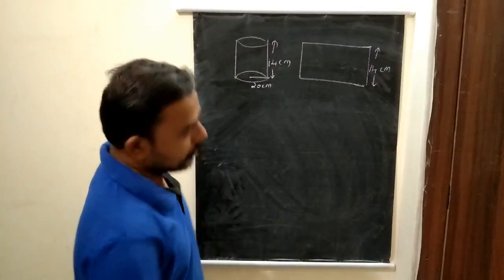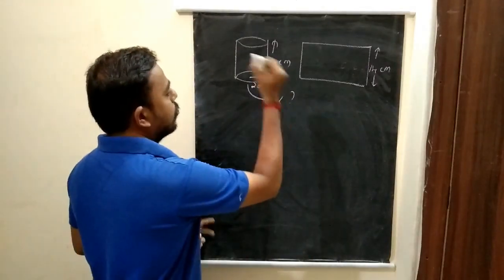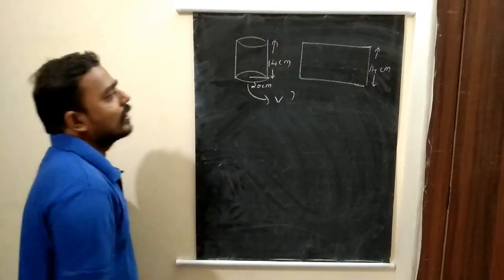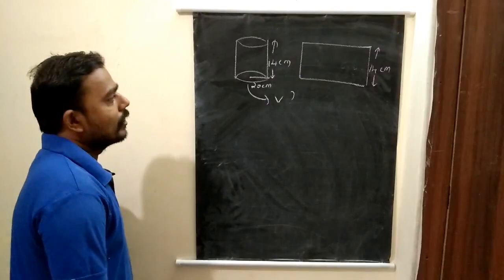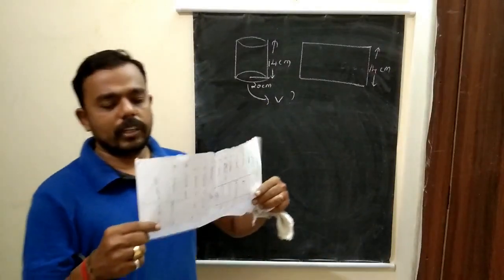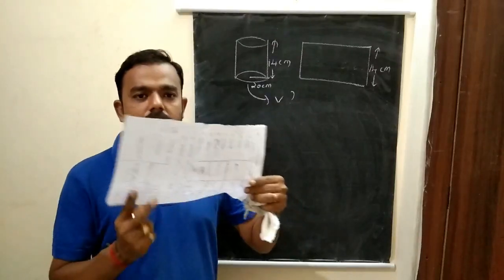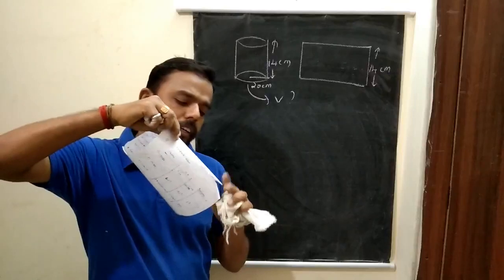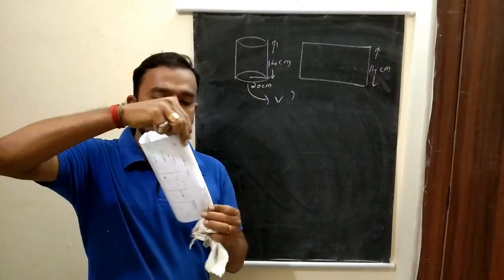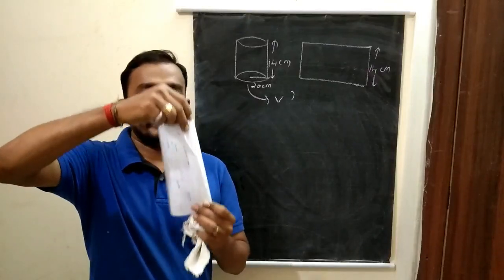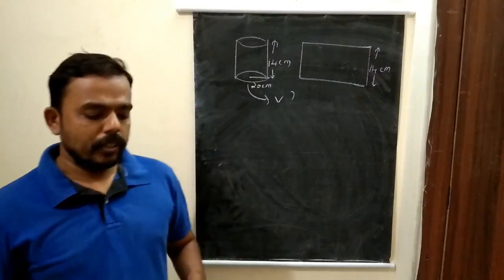Now find the volume of the cylinder. This is the question. So directly we need to find the volume of the cylinder. Before that, just to get the idea, this is our height. Now we are going to fold it like that. We formed a cylindrical tank. Here we need to fill something, so we need to find the volume.